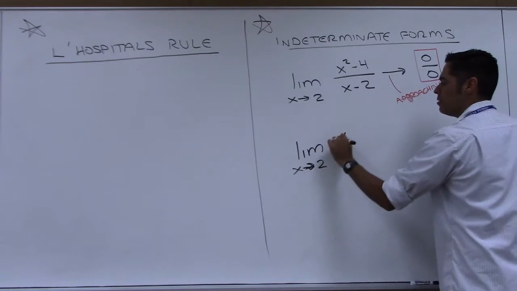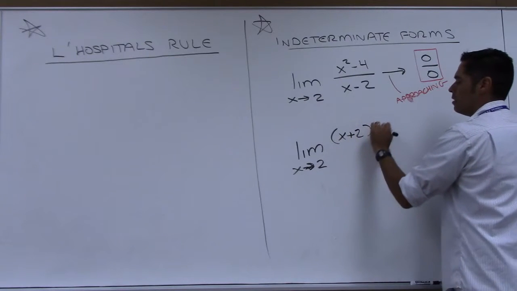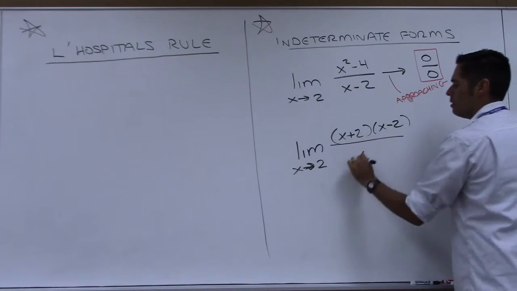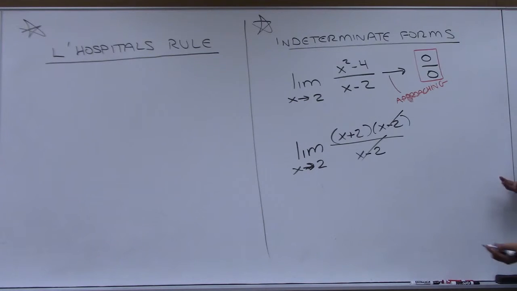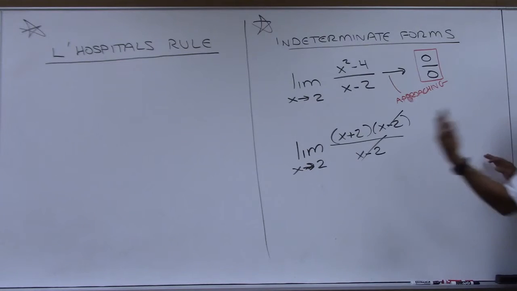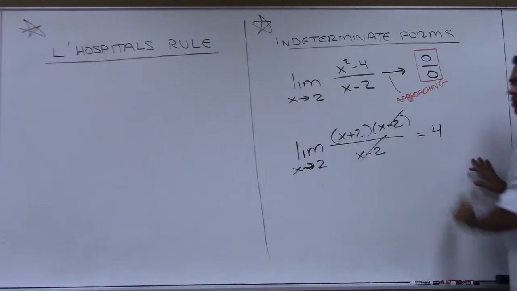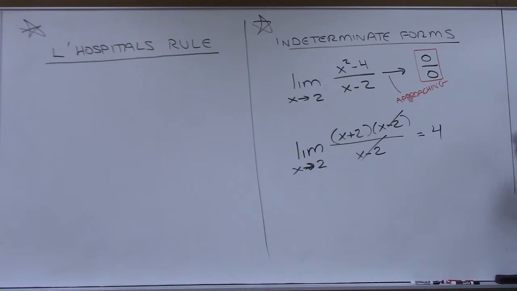On the top, we would do difference of squares, and we would notice that a factor cancels. And now when we take the limit, we don't get this form anymore, do we? We just get straight away 4, right? So our answer to this form before was to do some sort of algebra or some sort of trick, right? I even gave you a sheet that showed what to do.